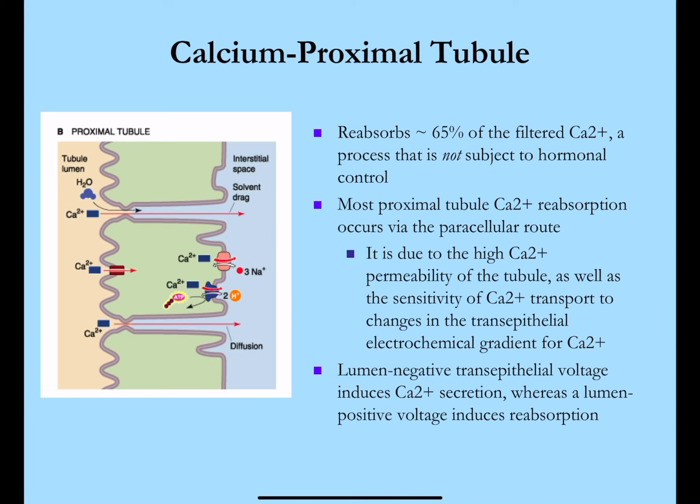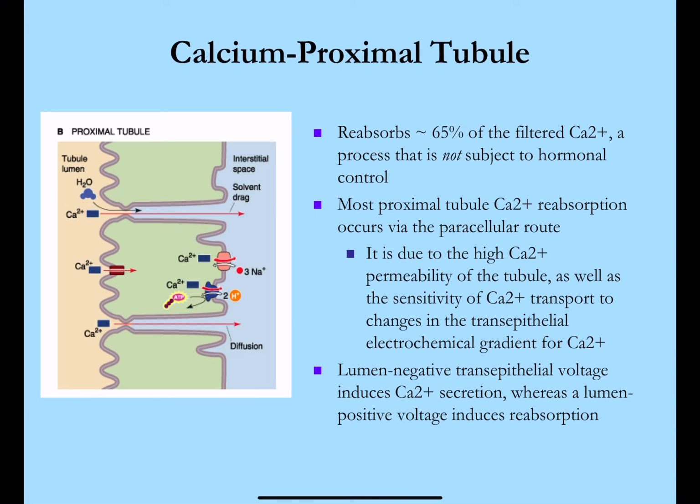It can pass through solvent drag with the water passage, right, paracellularly, but it also has these epithelial calcium channels to go through the transcellular pathway. So usually the idea, anytime you talk about transcellular passage of any molecule, is that you have a way for your hormones to come in here and regulate that. Paracellular is usually just solvent drag or concentration gradient.